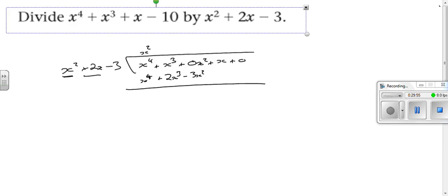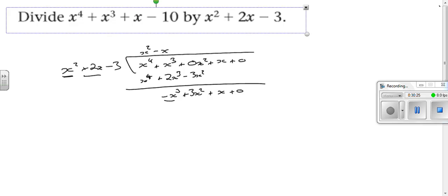So x power of 4 take away x power of 4, that goes. x cubed take away 2x cubed is going to be minus x cubed. 0 take away minus 3x squared is going to be plus 3x squared. Then we bring everything else down, so plus x plus 0. What do we multiply x squared by to get minus x cubed? We multiply by minus x.